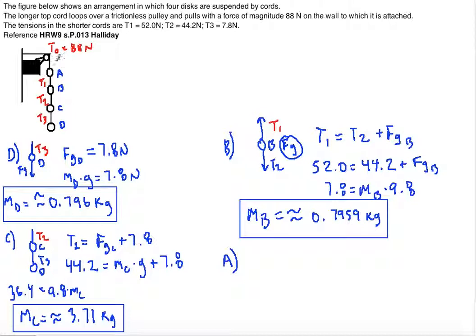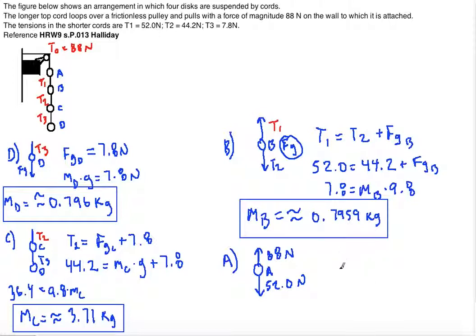Because the string is assumed not to be elastic, we can draw a diagram such that this force upwards is 88, or as I drew in the diagram, T naught on the mass A, and then downwards we have 52.0 newtons, or T1, which is holding up all the others. So 52 accounts for all of the others.